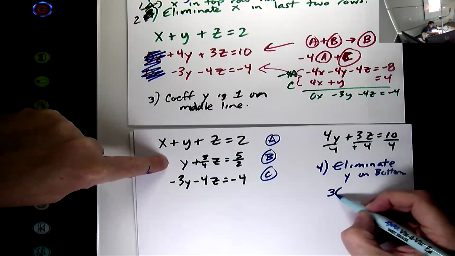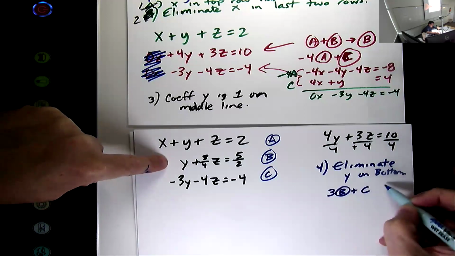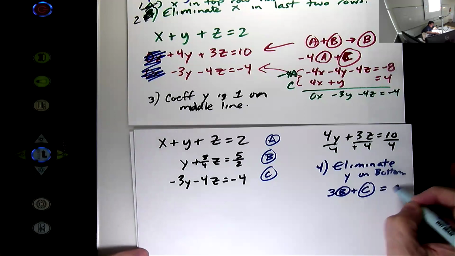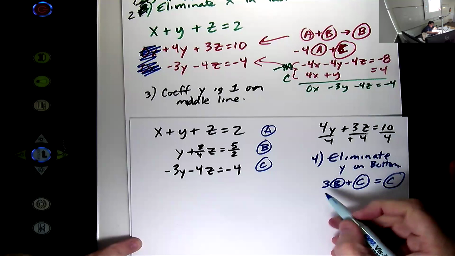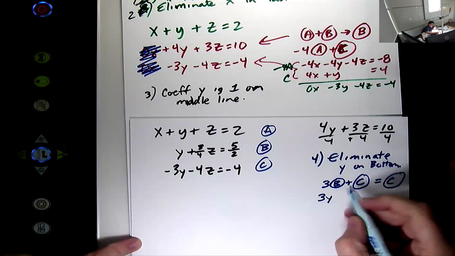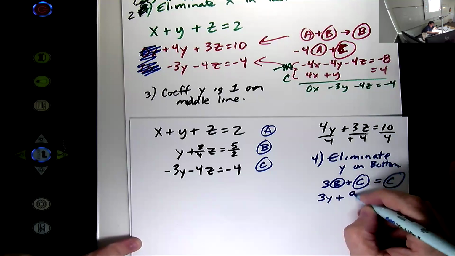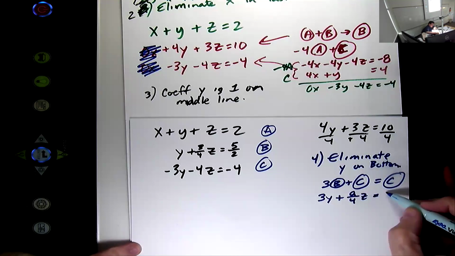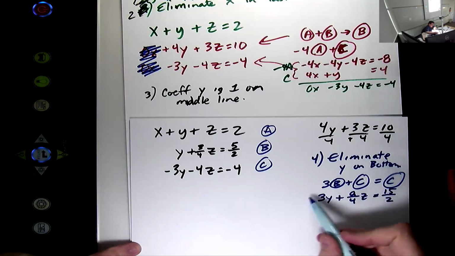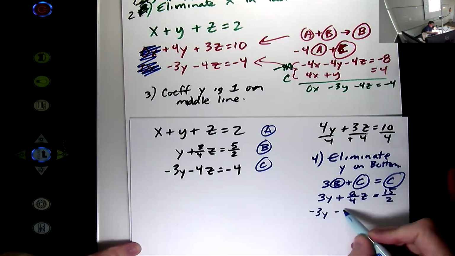I need 3 times B plus C, and we're going to slot that into where C was. So 3 times B is 3y plus 9/4 z equals 15/2. That's the 3B. And C is just the same line that we had.